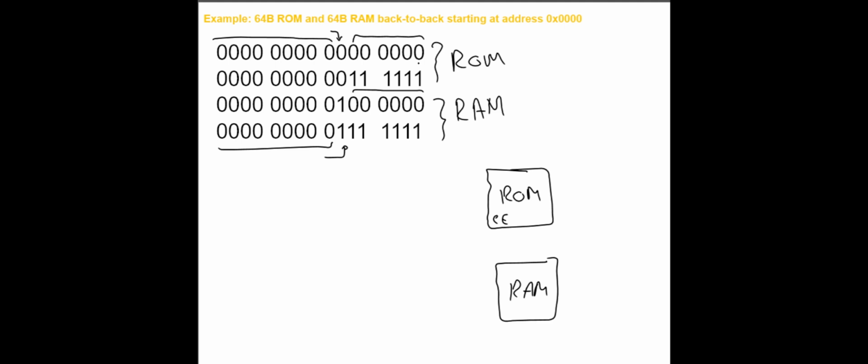This is A0, A1, 2, 3, 4, 5, 6. So this is A6. When A6 is 0, this is going to go to the chip enable of the ROM, and if it's 1, it's going to go to the RAM, and then the remaining bits are going to go to the address input of the RAM and the ROM. So these will be my A5 down to 0.